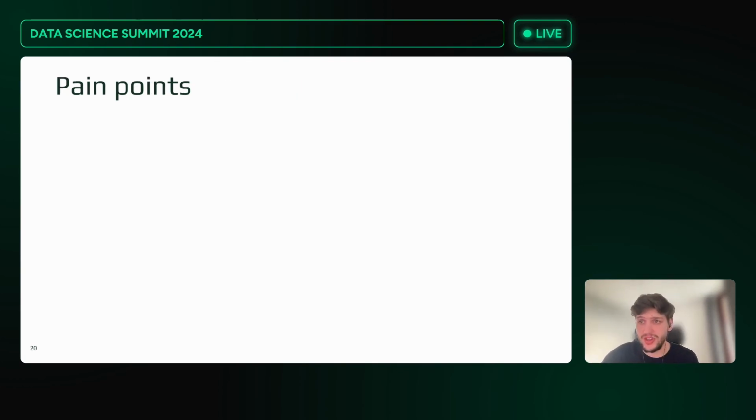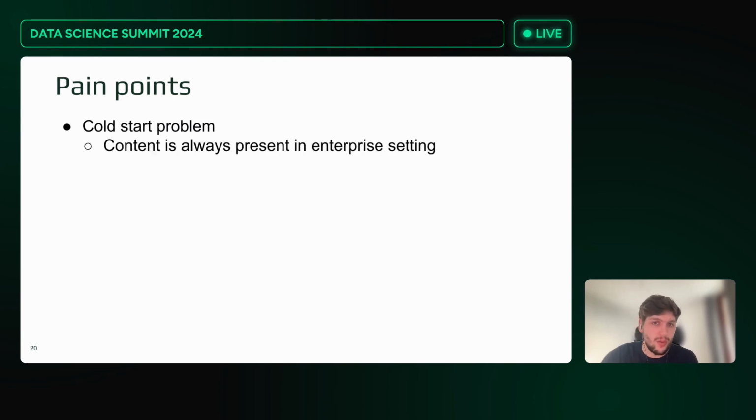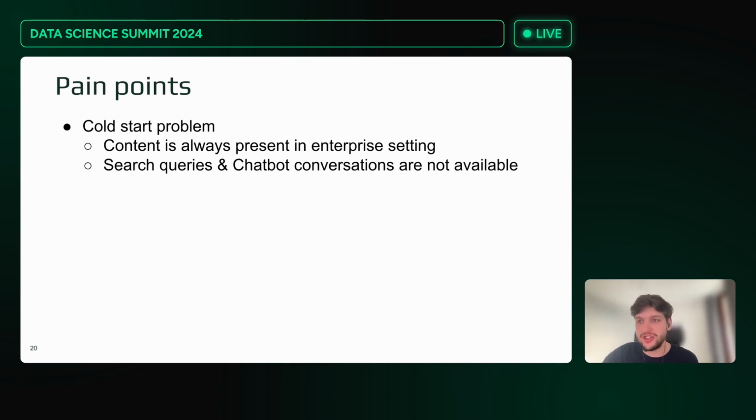So what are the pain points with fine-tuning? You have a cold start problem. In most enterprise settings, content is easily accessible. There are many SharePoint pages, many Confluence documents, many PDFs available that you can easily access. But the search queries and the chatbot conversations are not that easily accessible.